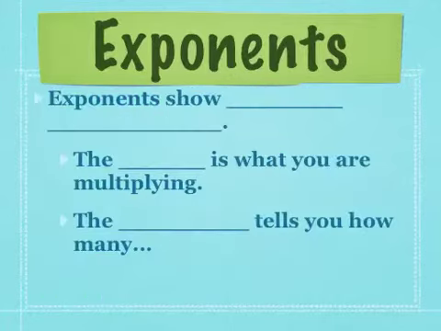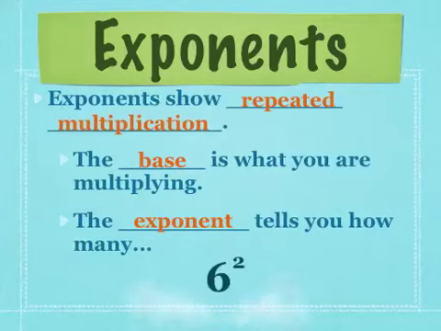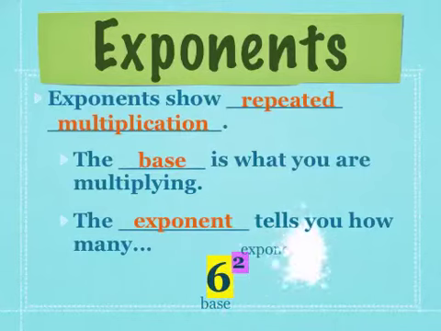A quick reminder on exponents. Exponents show repeated multiplication. The base is what you are multiplying, and the exponent tells you how many. So if you look at this power, we have a base of 6, and we have an exponent of 2. This can be read a couple of different ways.